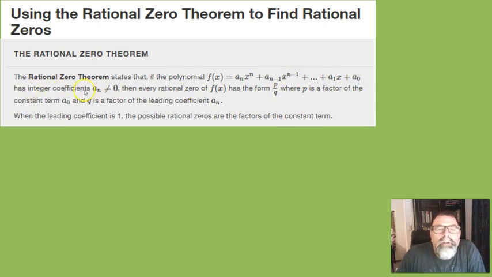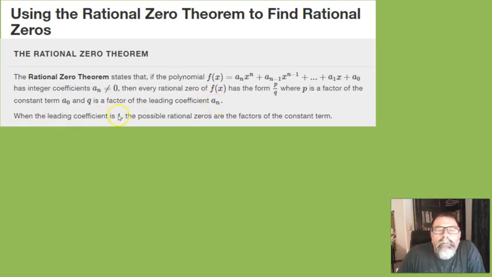Those are integer coefficients, so that's important. And the leading term can't be 0, right? Then every rational zero of f of x has the form p over q, where p is a factor of the constant term a sub 0, and q is a factor of the leading coefficient a sub n.